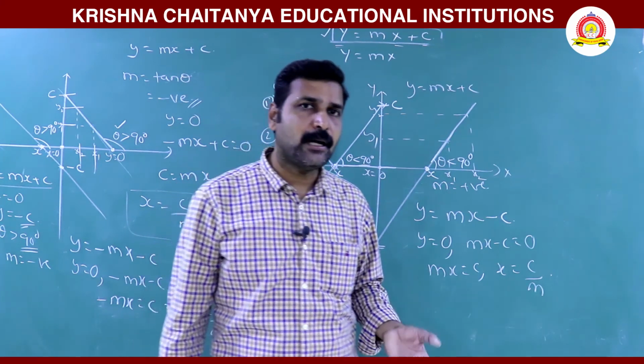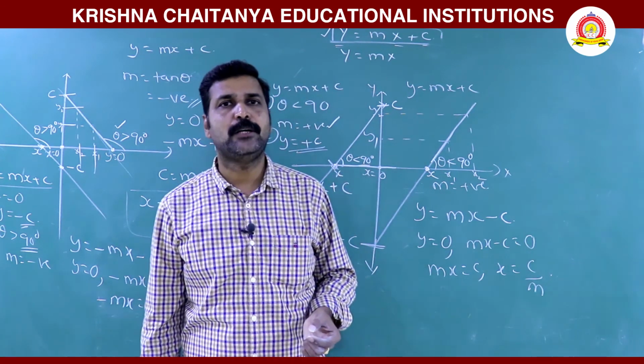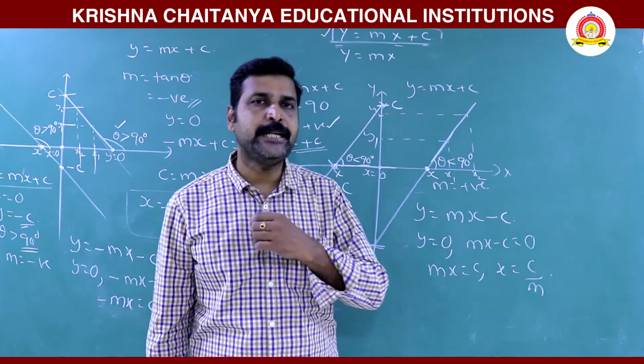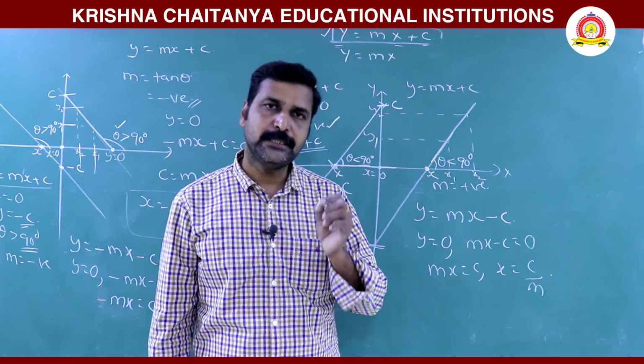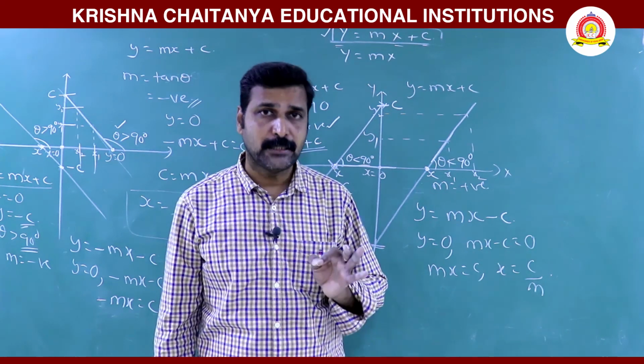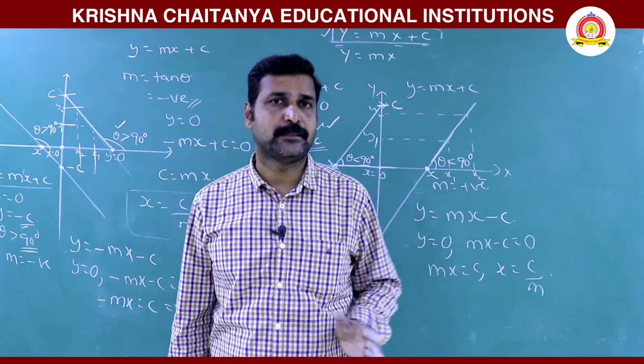For any other graph, if you get the slope as m is equal to -1, then the slope of that straight line everywhere is -1. Means for any straight line, the slope is always constant. It is applicable only for straight lines, right?